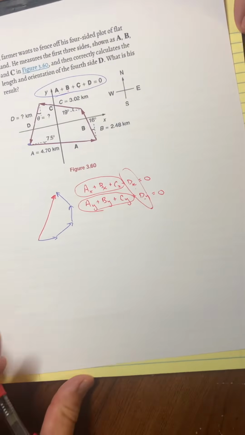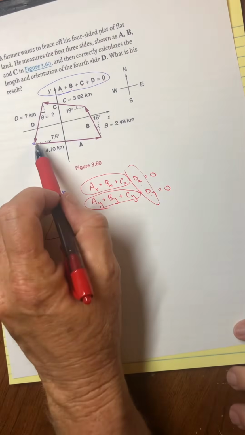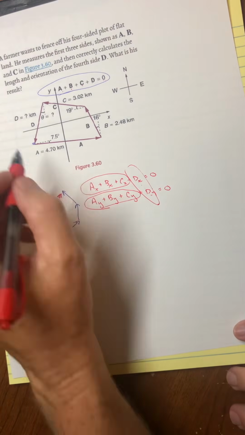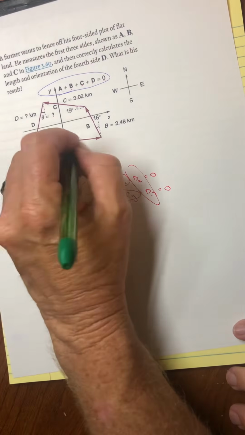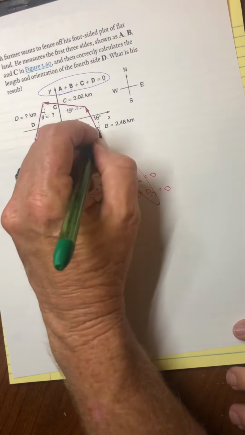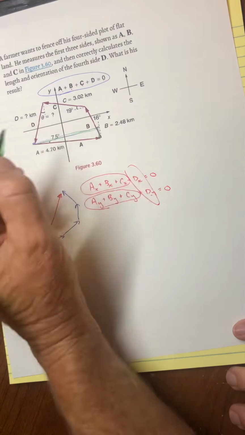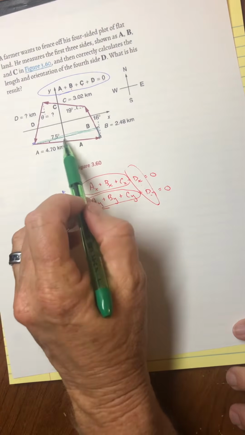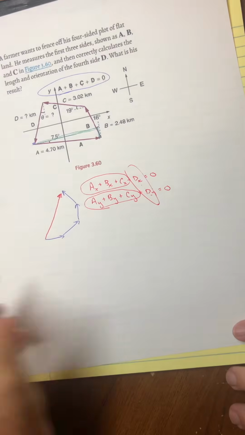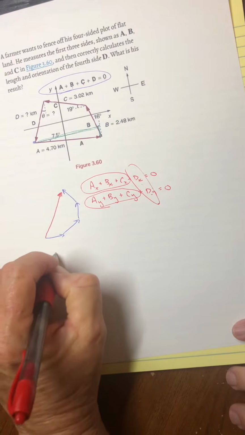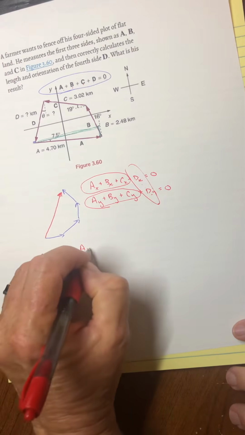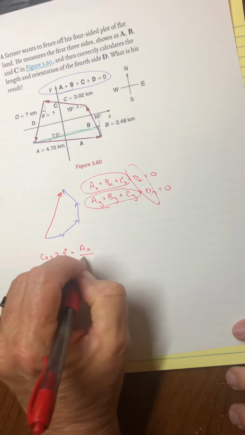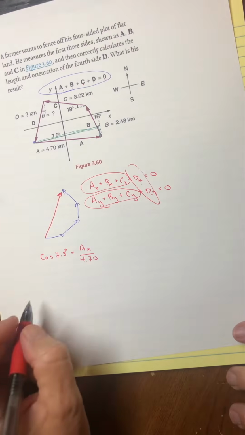All right, so let's start this problem by pointing out that if I were to draw a triangle in green here for vector A, the x component would be adjacent to this 7.5 degrees. So cosine of 7.5 degrees would be AX over its magnitude of 4.7.